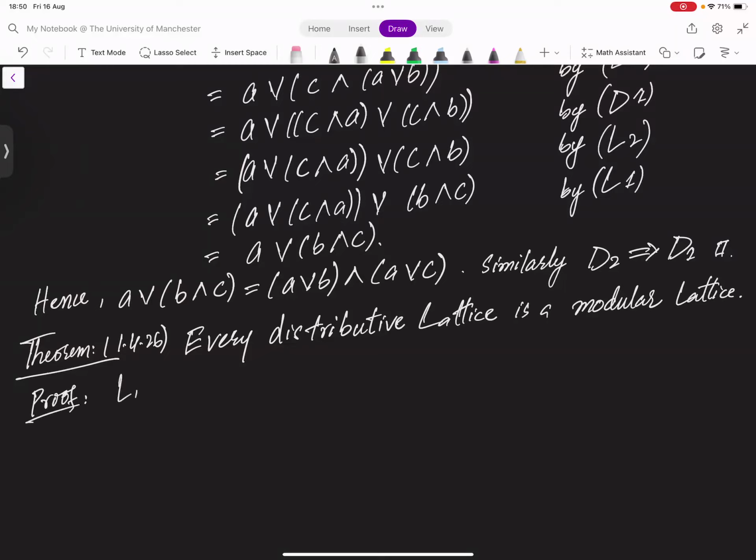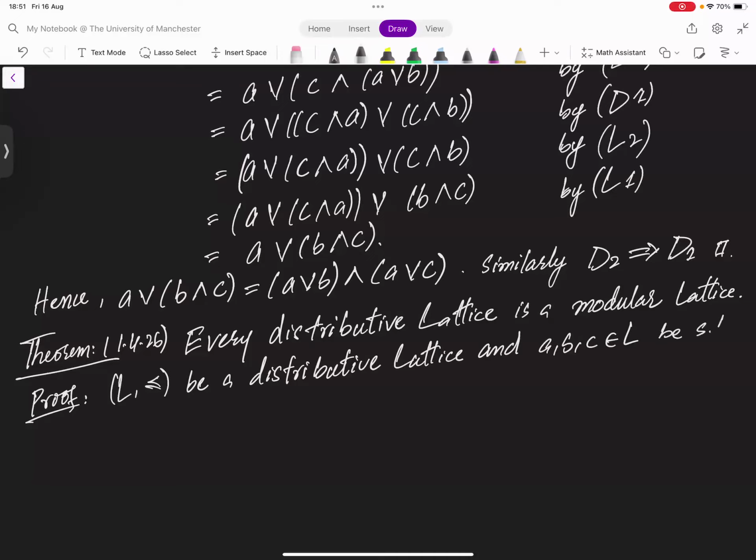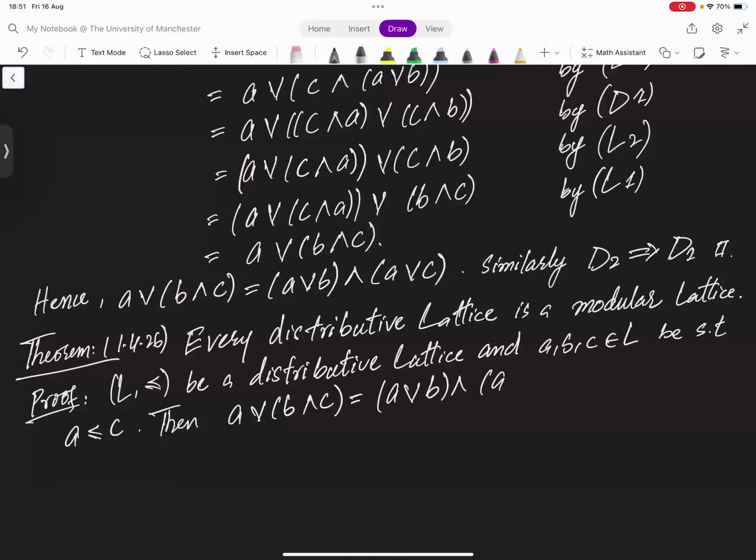So we have a distributive lattice, and we take elements from it such that A is less than or equal to C. Then A or B and C is nothing but A or B and A or C, which is similar to A or B and C, because A is already less than or equal to C. So the answer for this one is C only.